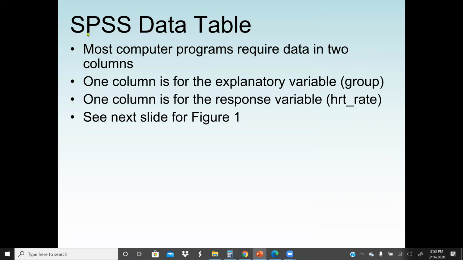Here we're going to use the SPSS application. Most computer programs require data in two columns. We have one column for the group, which is our explanatory variable, groups 1, 2, 3, and another column for the response variable, which is the heart rate, the BPM.